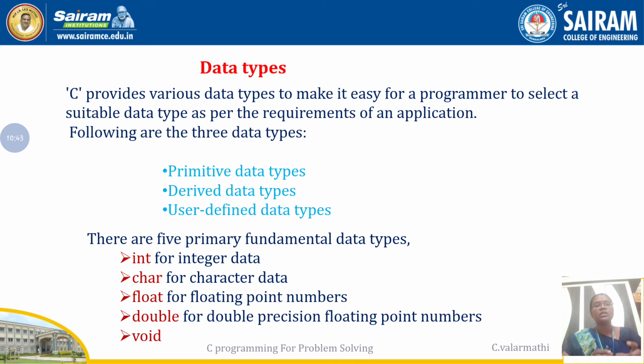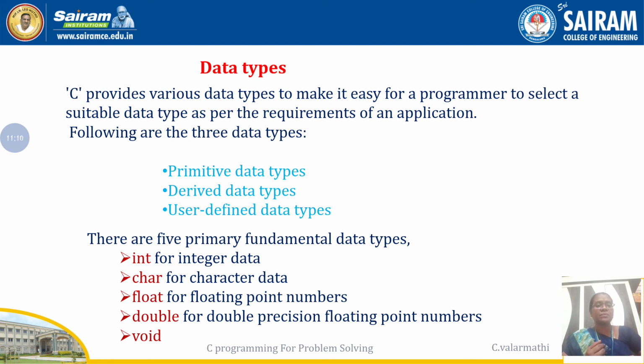According to C programming, the data types are classified into three types. First one is primitive data types, second is derived data types, and third is user defined data types. Let us see the types in the next videos. First we will see the examples of data types.